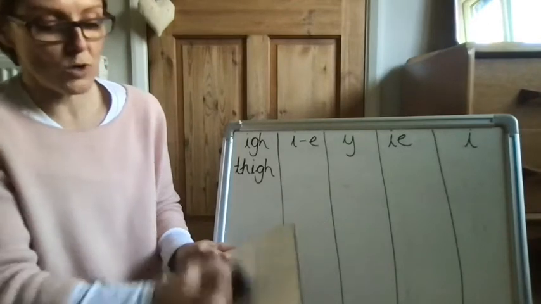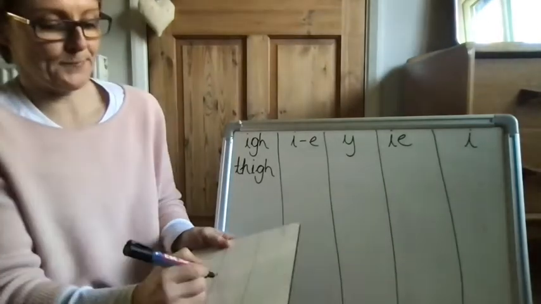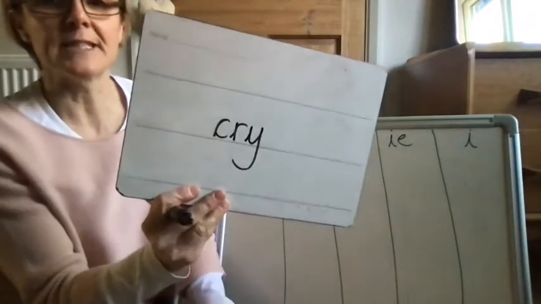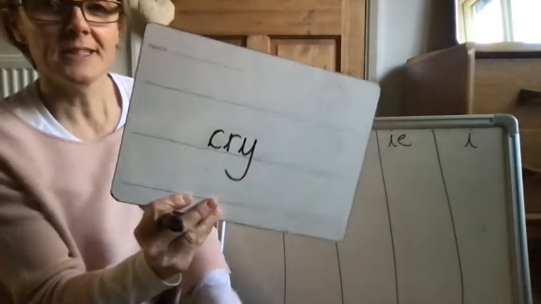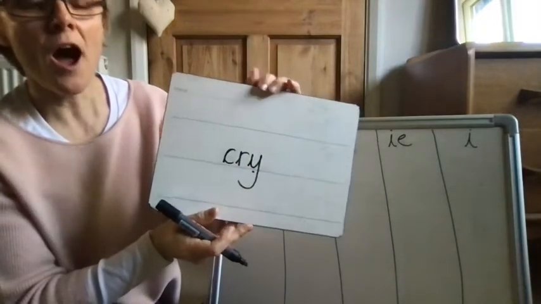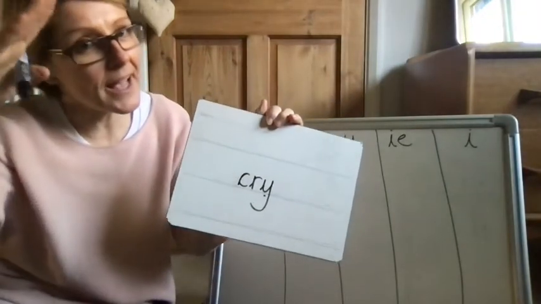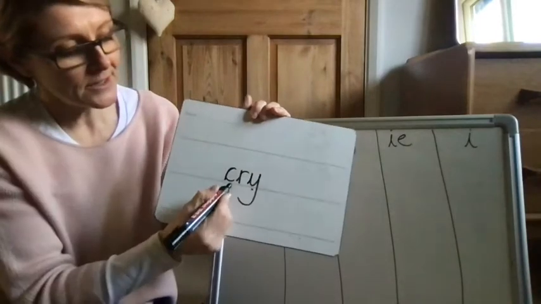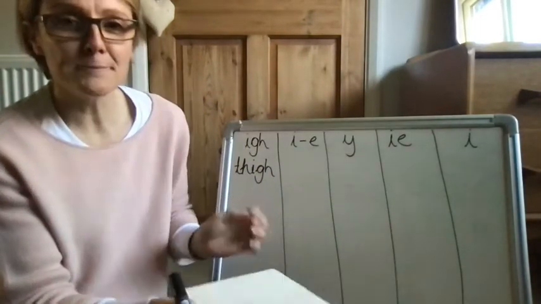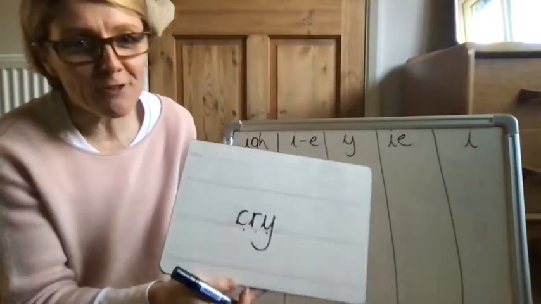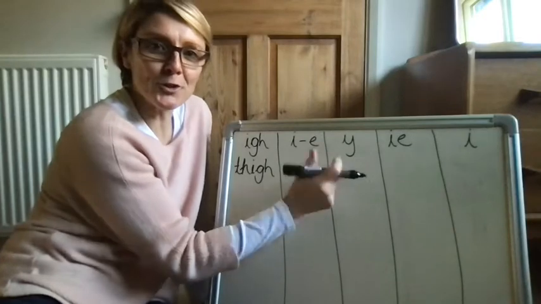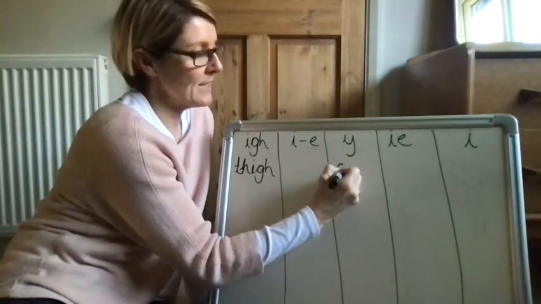Okay, let's try another one. What's this word? So remember, this is making an I sound. Cry. Don't cry if you get it wrong. It's fine. So find the spelling on your page and we're going to write it.